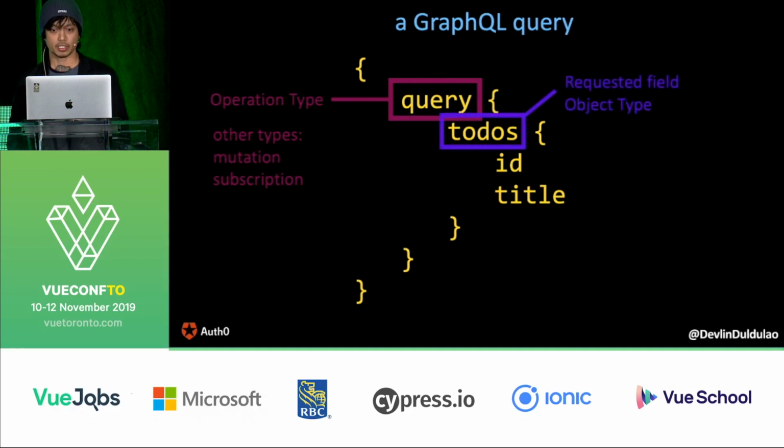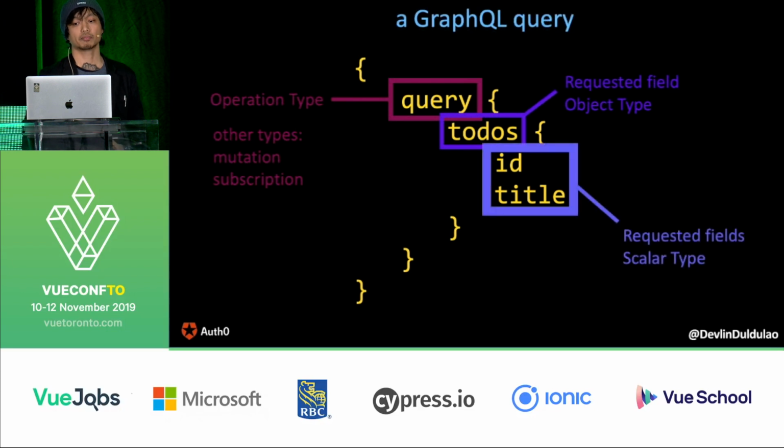OK, here we have object type, which is the most basic component in GraphQL schema. It's being used here as requested field, and that will be the object to be returned. And here is scalar type. Can be a primitive type, such as string, int, boolean, float, and ID, or custom type.